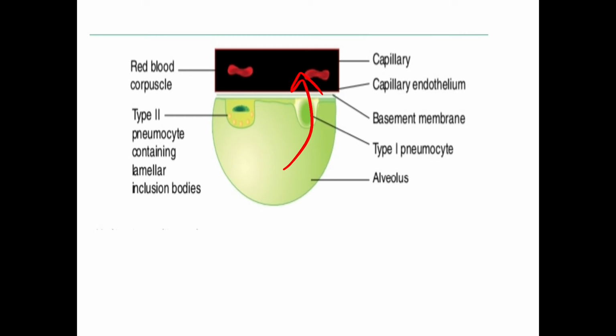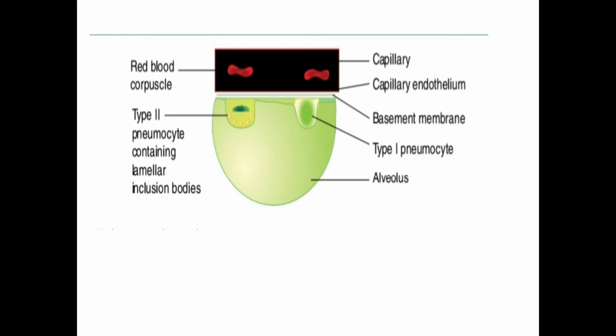And coming to the type 2 pneumocyte, this has organelles and lamellar bodies and microvilli. So you can see nuclei, microvilli, and inclusion bodies in these type 2 pneumocytes.